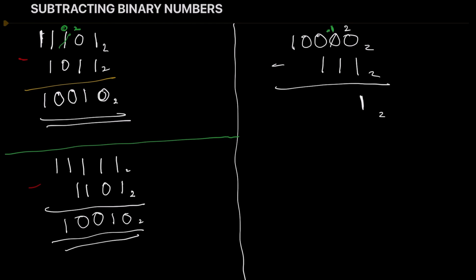Then we also have to borrow 1 from the next case. So here we take another -1, and then we bring 2 to this place. So here we have 2 - 1 - 1, which gives us a 0.